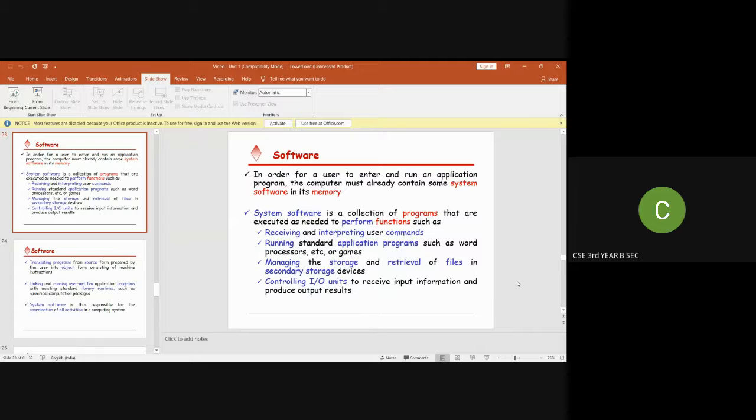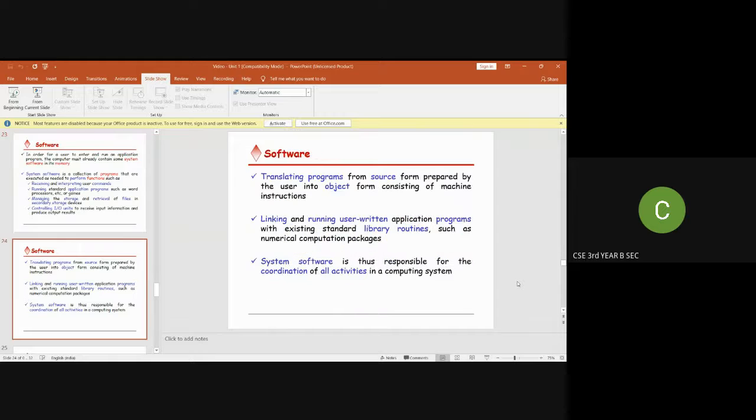The system software may be an operating system, which is a collection of programs that are executed as needed to perform functions such as receiving and interpreting user commands, running standard application programs such as word processors, etc., managing the storage and retrieval of files in secondary storage devices, and controlling input-output units to receive input information and produce the output results.